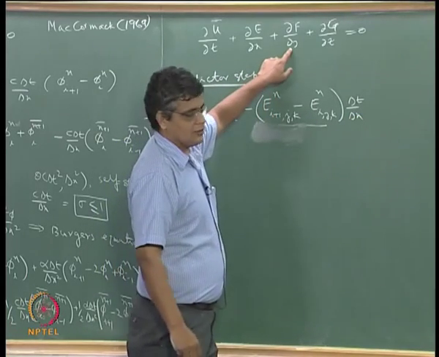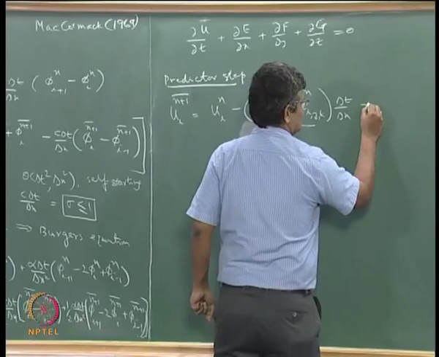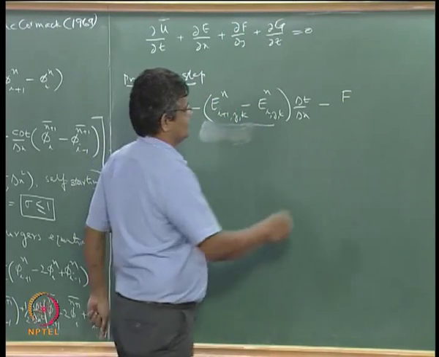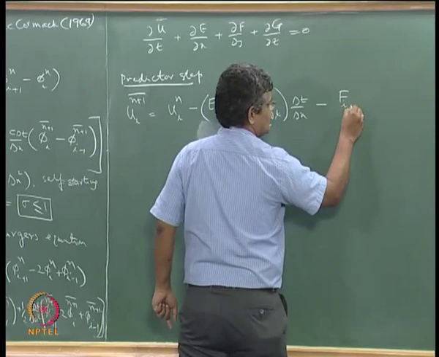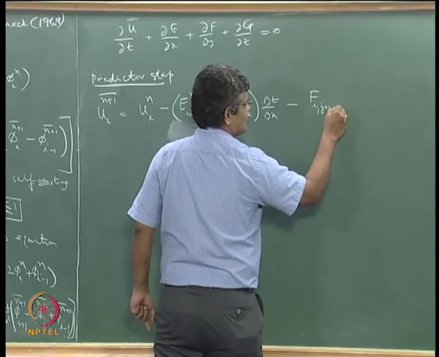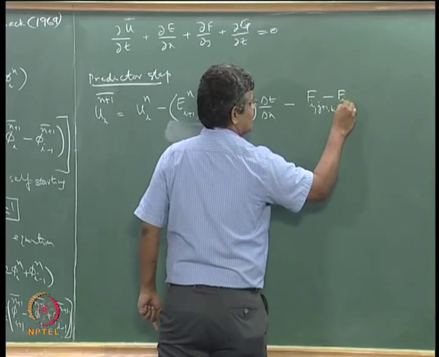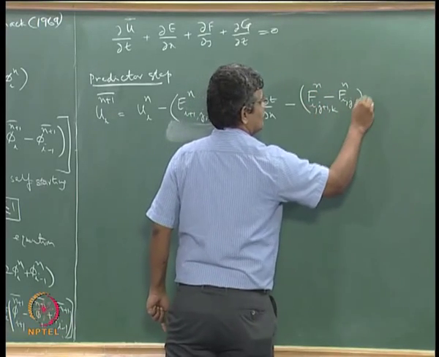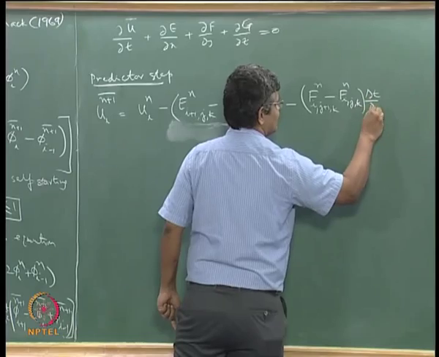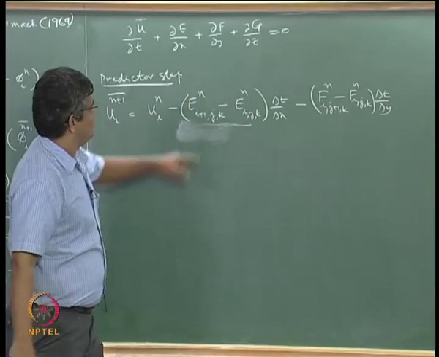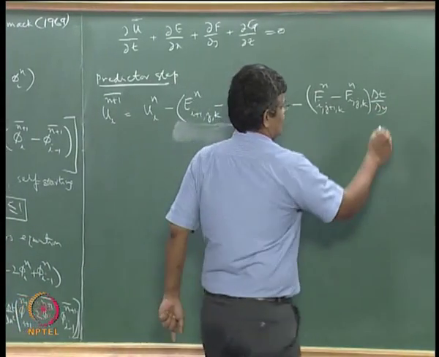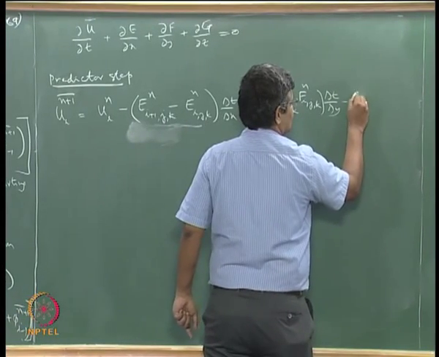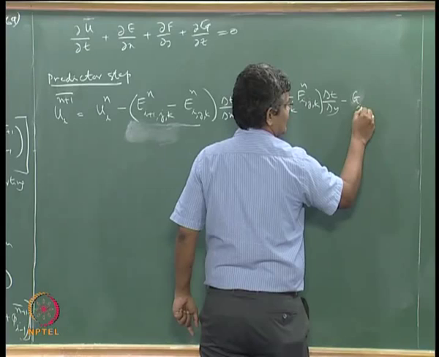And this is also evaluated in forward differencing in the y direction. So this is f i j plus 1 k minus f i j k evaluated at n times delta t by delta y, and this is also evaluated in forward differencing in the k direction.